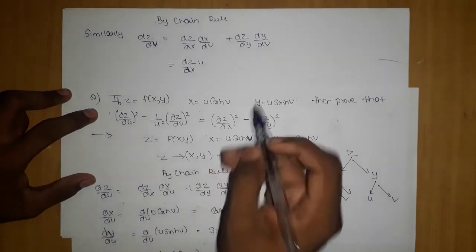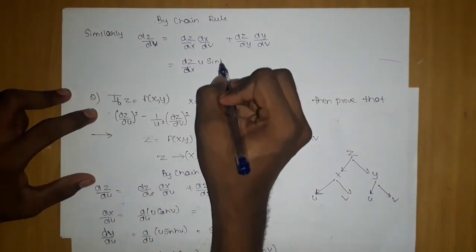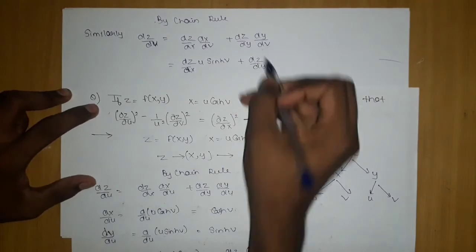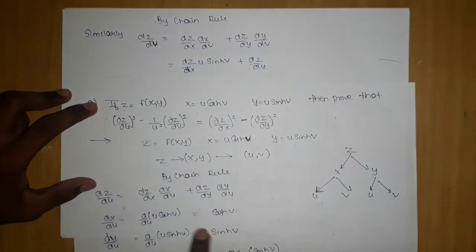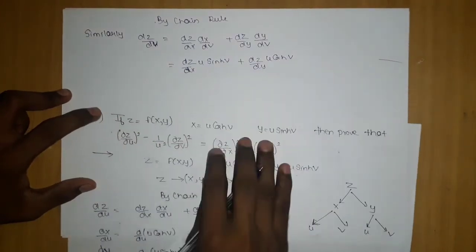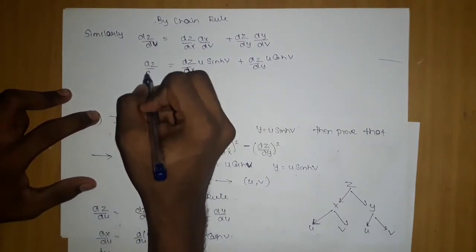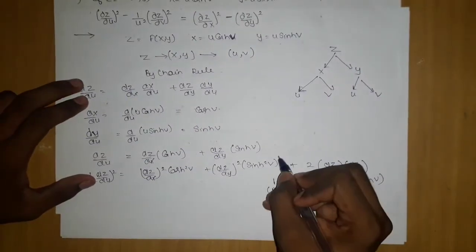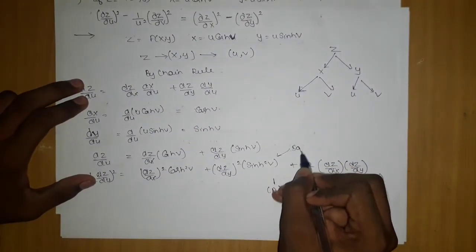There is no negative sign. So don't make that mistake. Many children make that mistake. ∂y/∂v of u sin hv will be u cos hv, and here ∂z/∂v. Here I forgot to mention to do this, squaring both the sides.